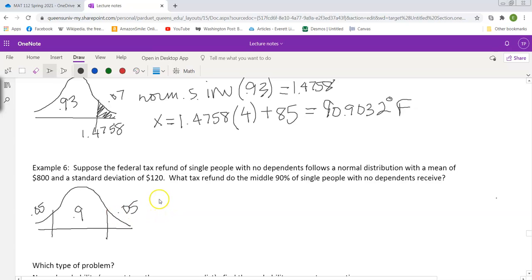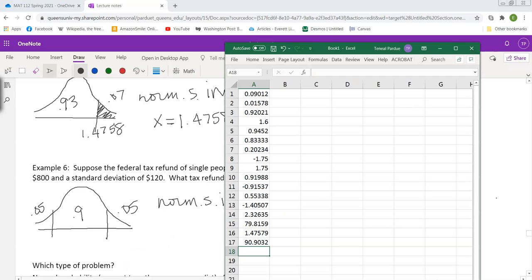So we start with norm.s.inv of 0.05, and that gives us the lower value of z, negative 1.6449.